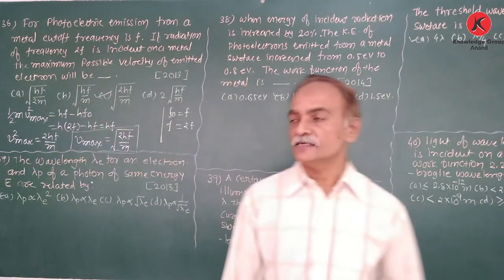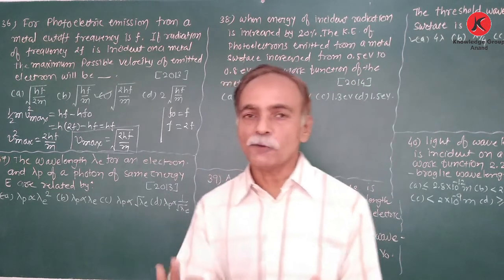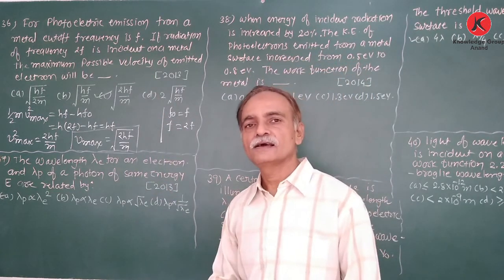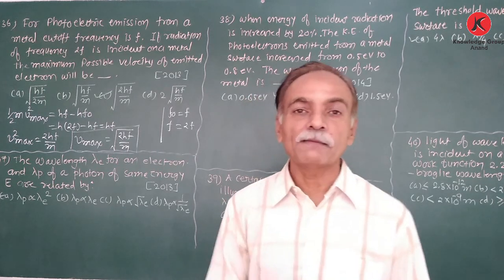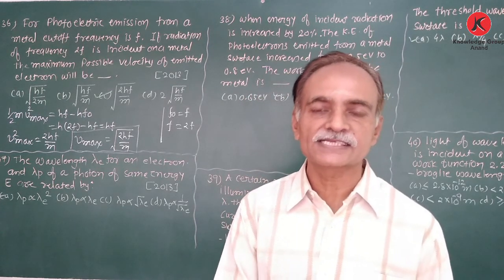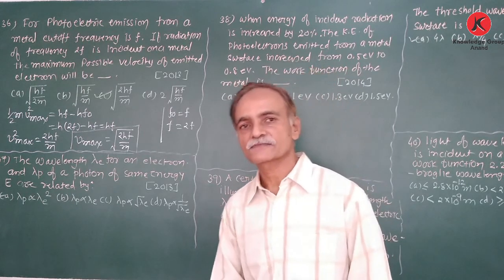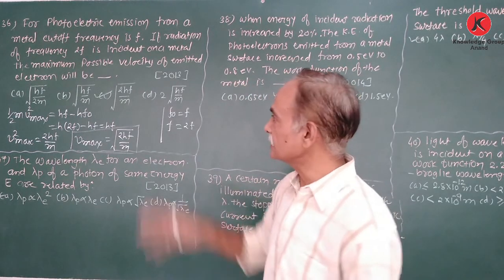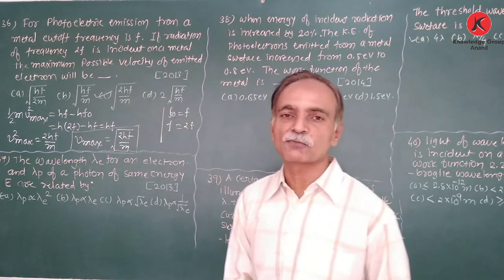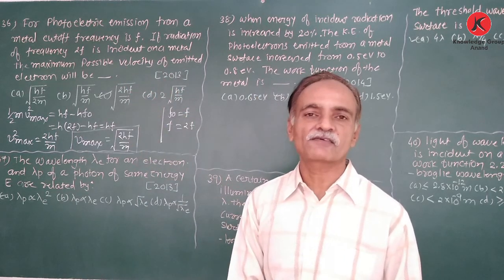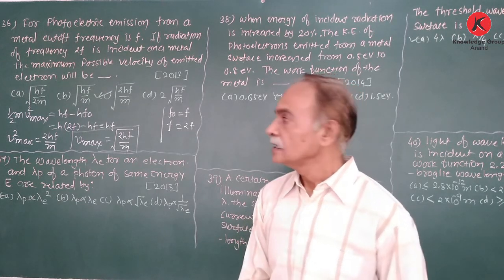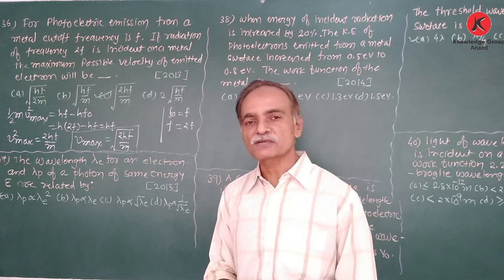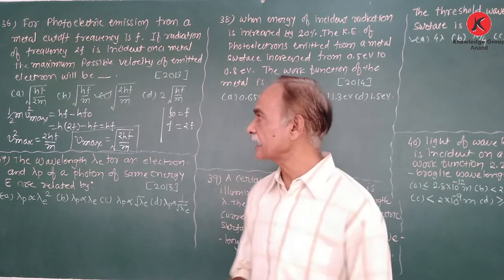Again, friends, for a metal the cutoff frequency is given as f, that means the threshold frequency is given. If radiation of double frequency, that means 2f, is incident on a metallic surface, photoelectrons are emitted because the frequency of incident radiation is more than the threshold frequency. So what should be the maximum kinetic energy or maximum possible velocity of photoelectrons emitted?